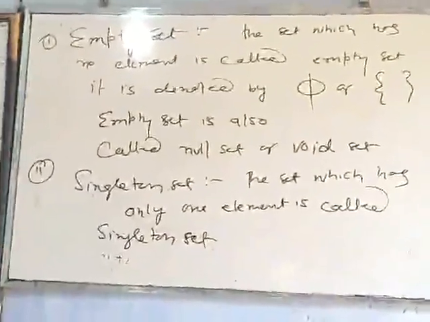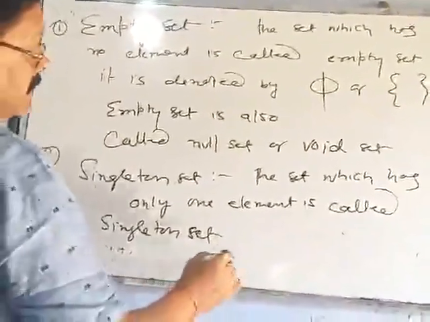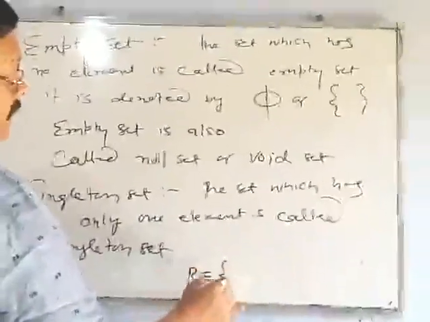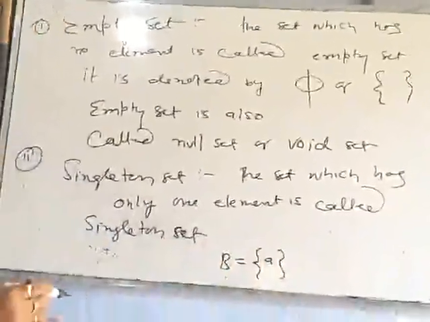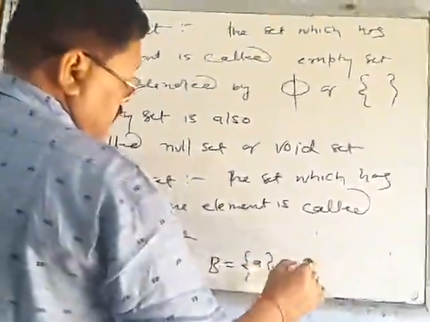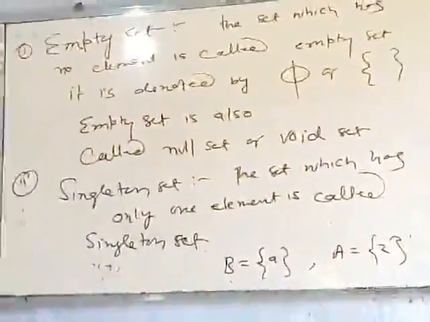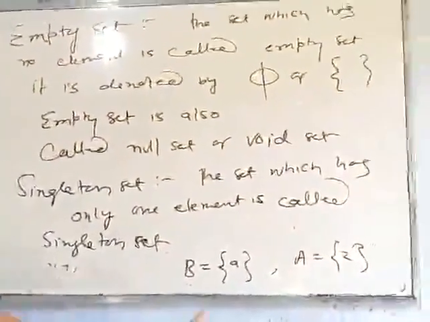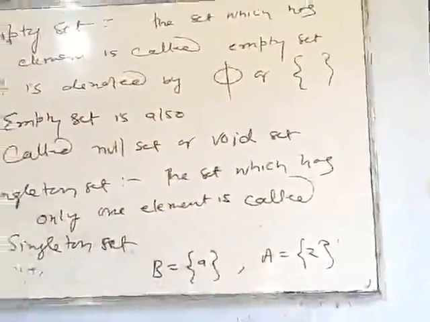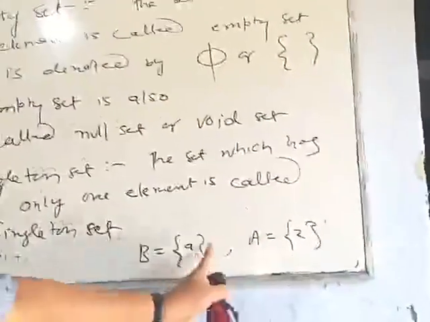As for example, if B is a set with only element a, it is a singleton. And A with only 2, these are singleton sets. It has only one element, a, and the other has only one element, 2.